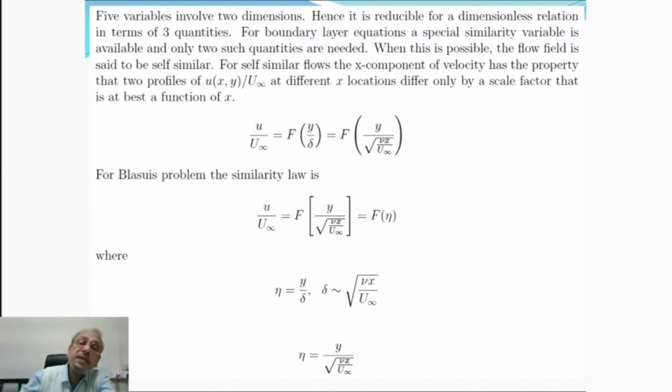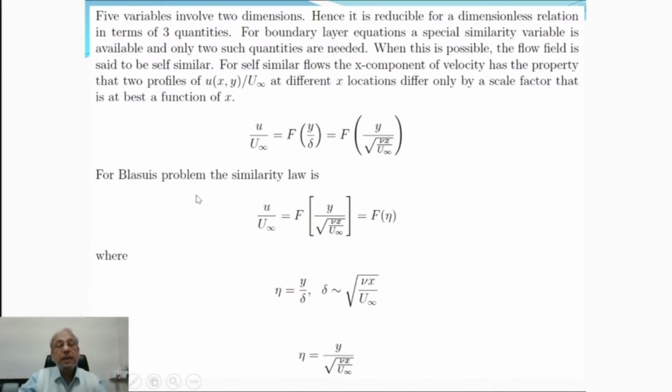In other words, we can write u by u infinity as f of y by delta, and y by delta is proportional to root over nu x by u infinity.